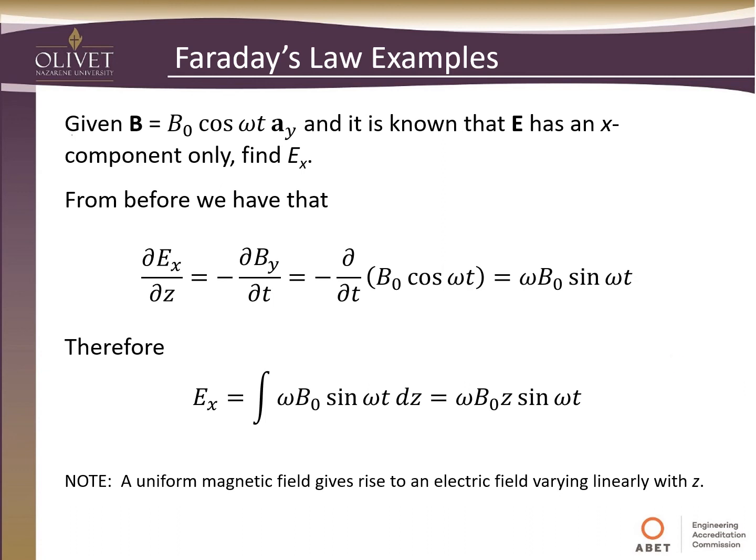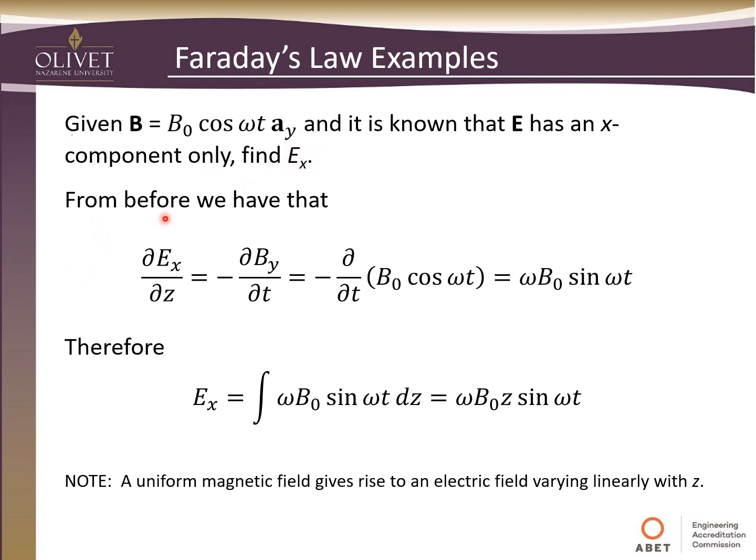So the first example: we're given a magnetic field defined by some amplitude times cosine omega t in the y direction. So this is a sinusoidal field with a component in the y direction only. There's only a y component. And it's known that E only has an x component, so therefore we only have an Ex.